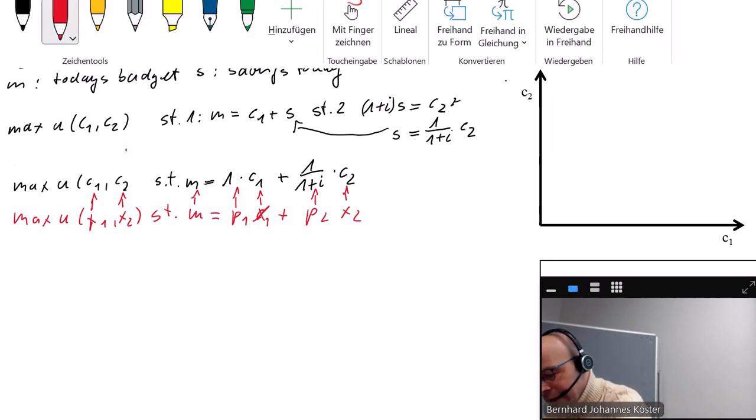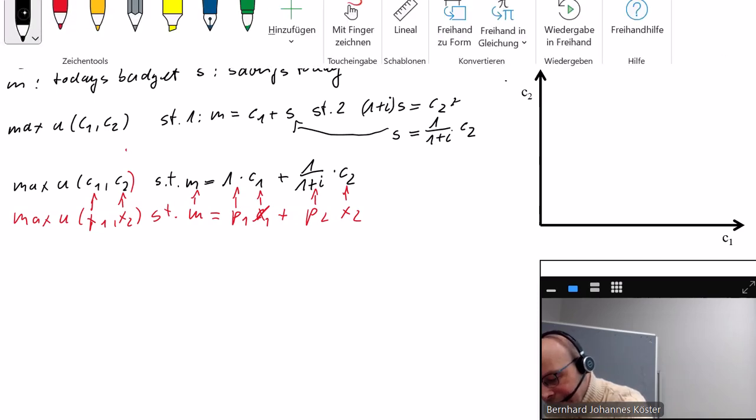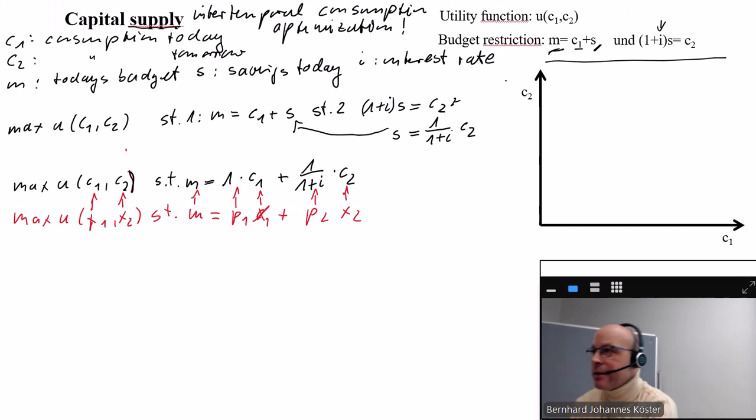Hopefully, you again see the total symmetry to the labor market, where we have argued in the same way with respect to the spare time consumption restriction. Well, and now we can just translate the optimal condition from the household optimum. The budget line now is given.